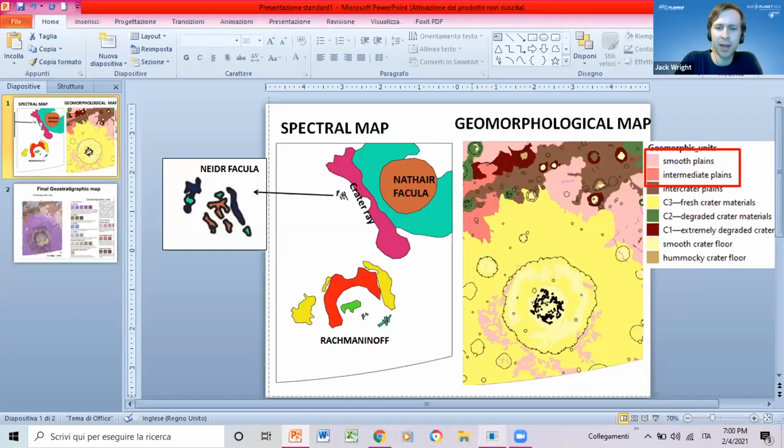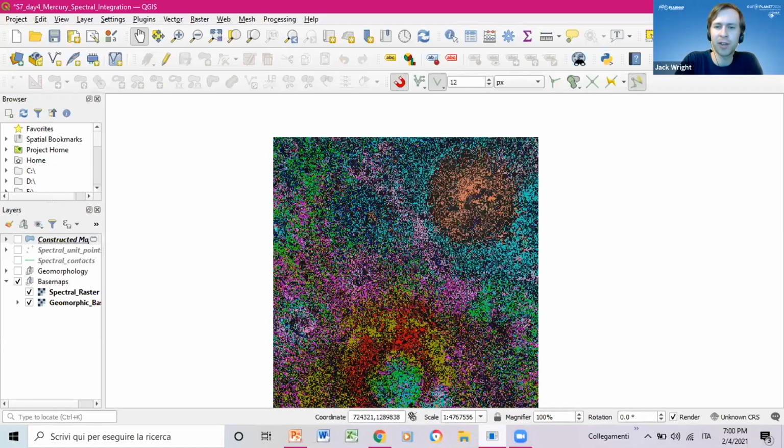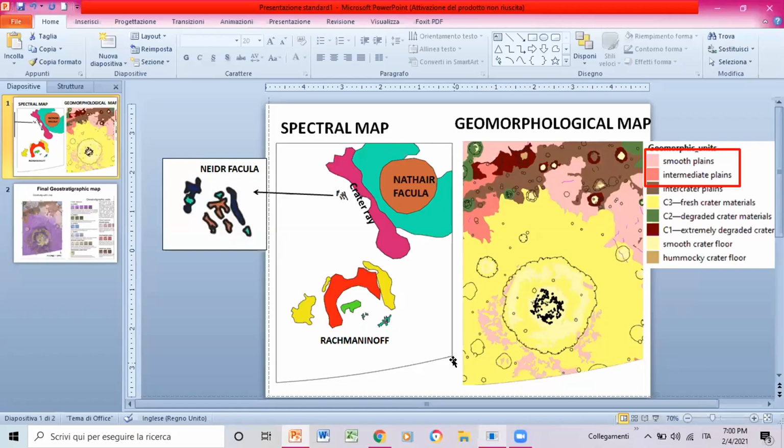Does anyone else in the group have an idea why some geomorphic units might not have a clear spectral signature? Maybe I could. Yes, go ahead. It could be maybe that they are just simply created out of the same material, or that they were not created during the impact, but by erosion processes later. So it's just simply the same material, thus the same spectral properties.